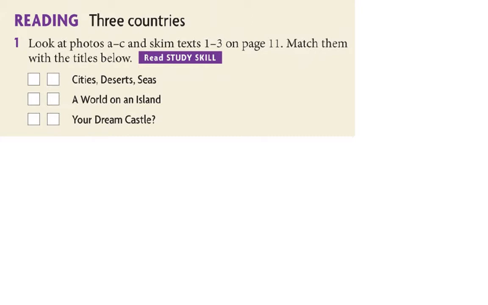Each of the three paragraphs is about one country, and also there are three photos, A, B, and C. Each of them is taken for a country. In exercise number 1, look at photos A to C. It means A, B, and C. And skim texts 1 to 3. It means 1, 2, and 3 on page 11.